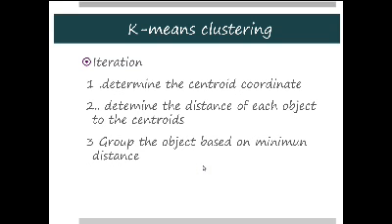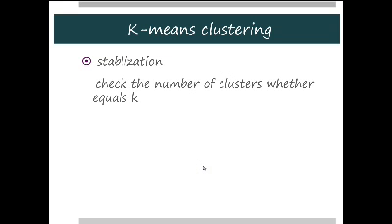After that, you check whether the number of clusters equals k, whether the threshold has been achieved. If it has not, you repeat the iteration again. After you get the k clusters, you will get the final result. So you can find your communities.